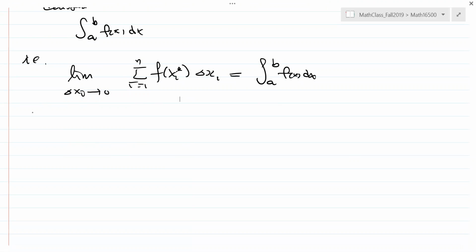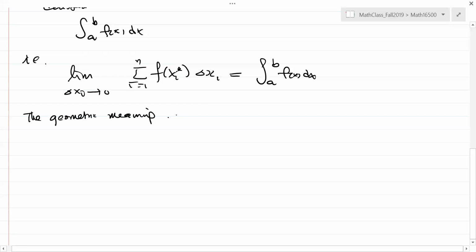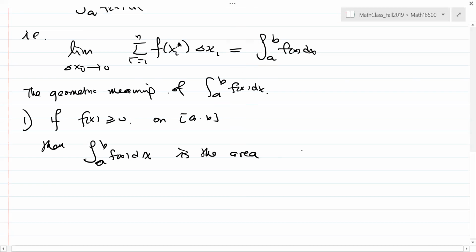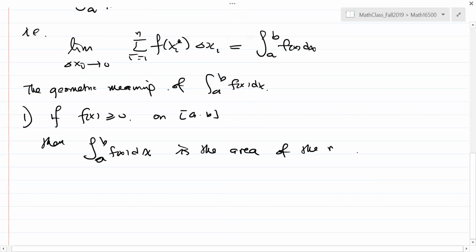So the geometric meaning of the integral: if the function is positive on the interval, then this integral is just the area of the region under the function.